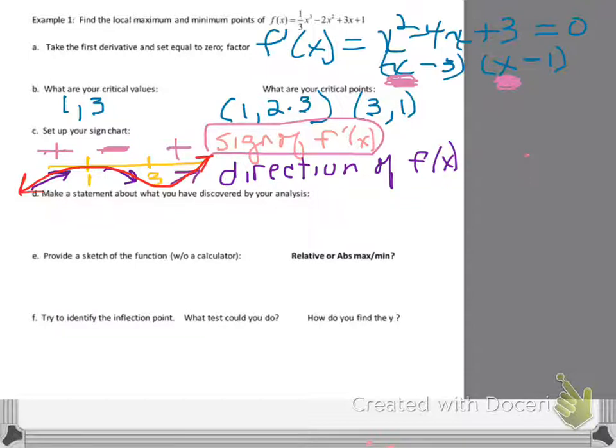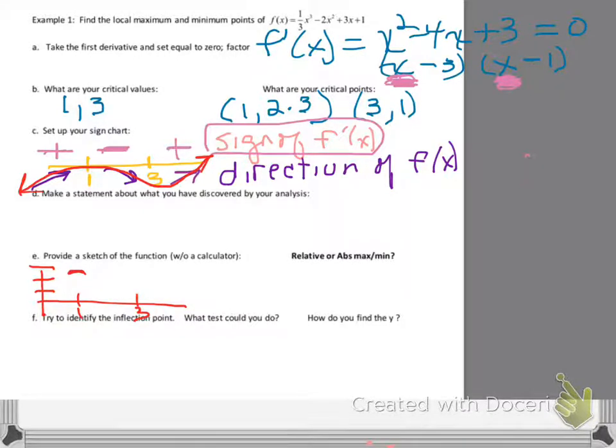So if I were to sketch my function, which is right here, here's 1, here's 3, I'm going to get my values, which are between 1 and 3. When x is 1, y was 2.3, and I know that's going to be a max, so I'm going to write it as a frowny face.